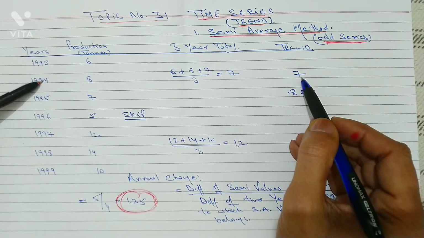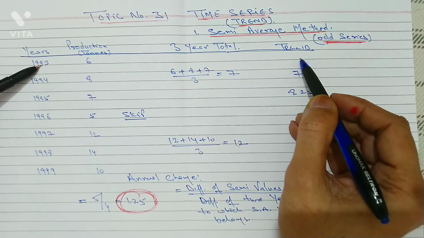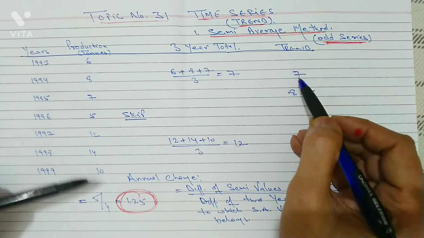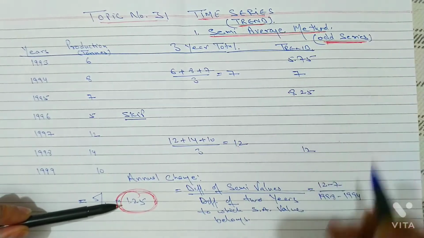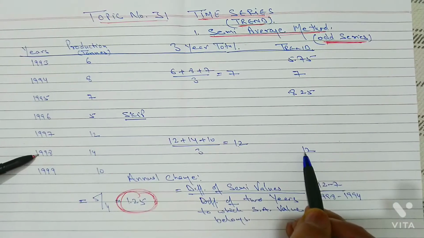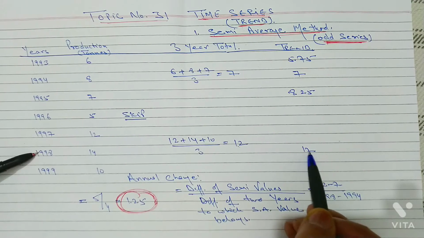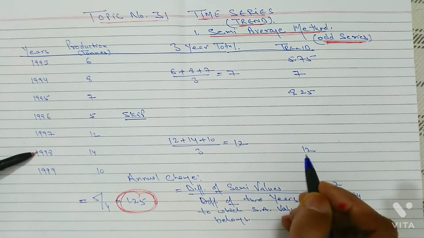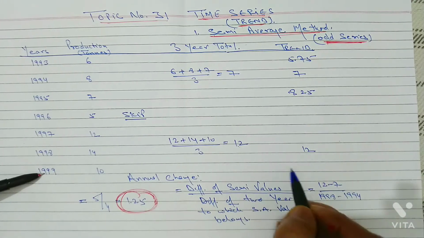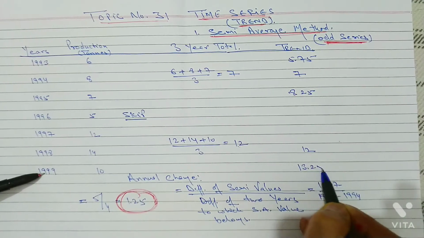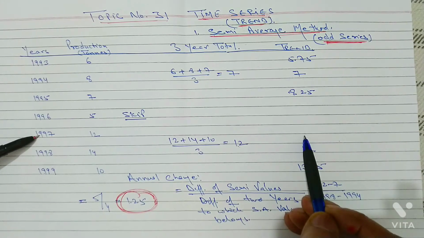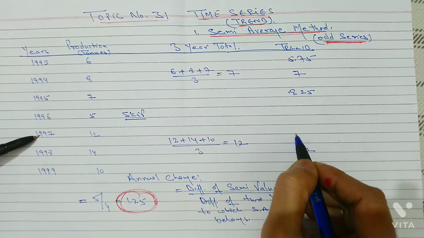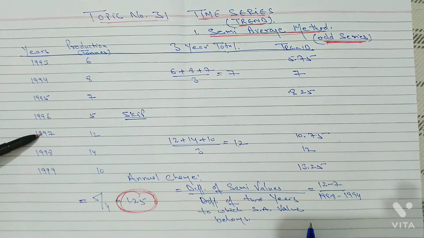Now we have to find the value for 1993, meaning minus 1 year: 7 minus 1.25 means 5.75. Then this value is for 1998. For 1999, 12 plus 1.25 means 13.25. For 1997, 12 minus 1.25 means 10.75.